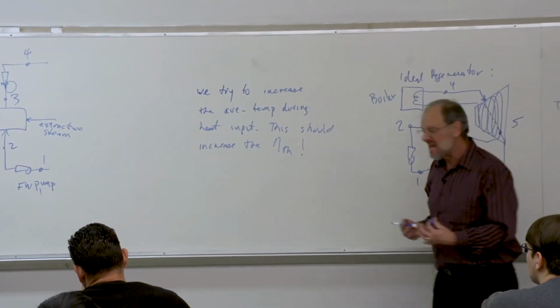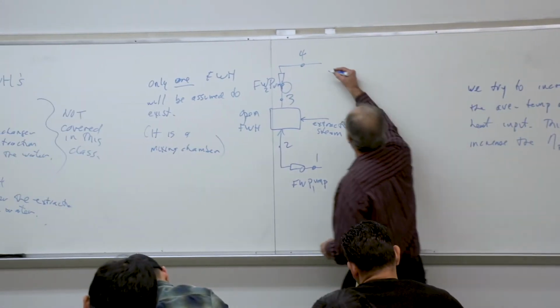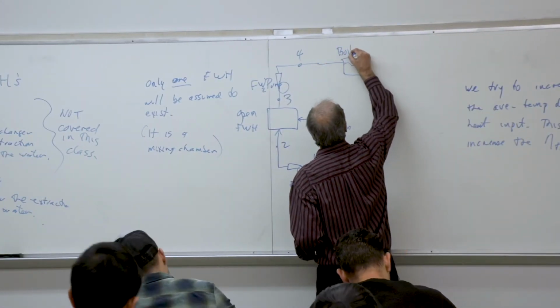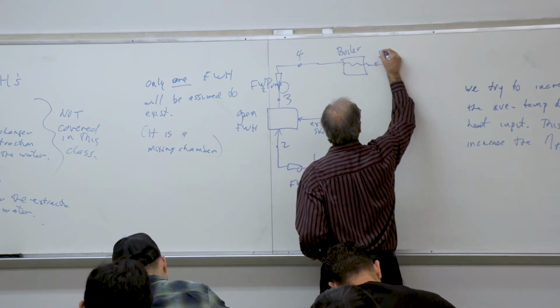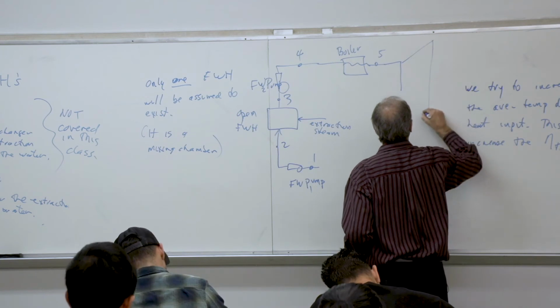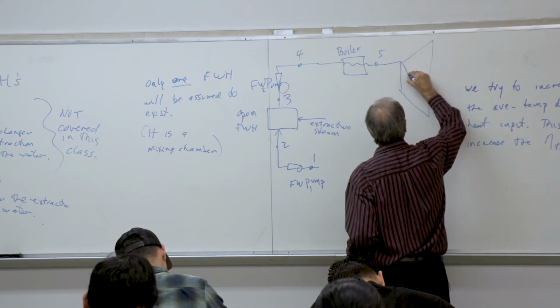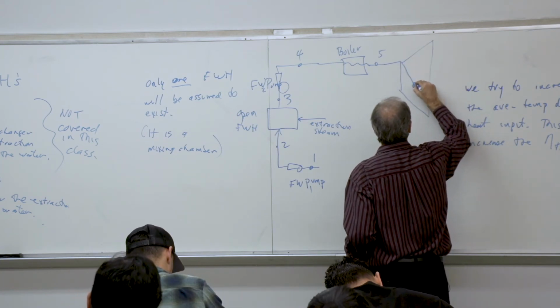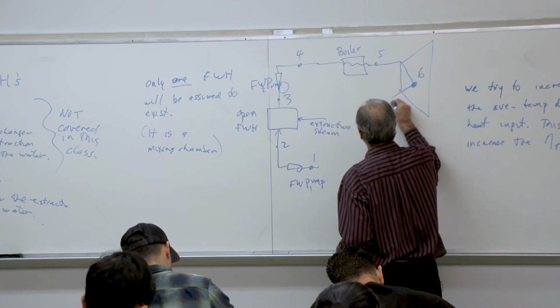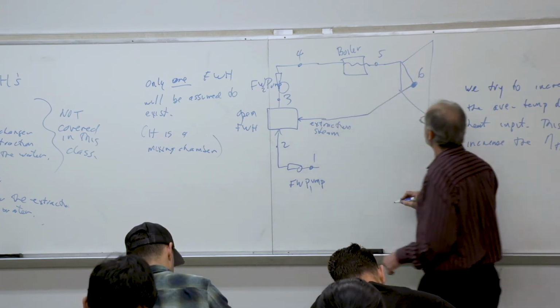Okay. And now we go to our boiler. So we come out of the boiler at 5. And now we go into our turbine. So we have steam passing through the turbine. And it's at some intermediate point that I'm going to call 6 that we're going to draw off the extraction steam.